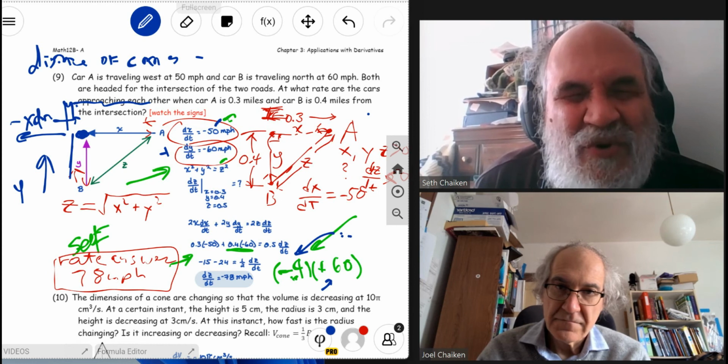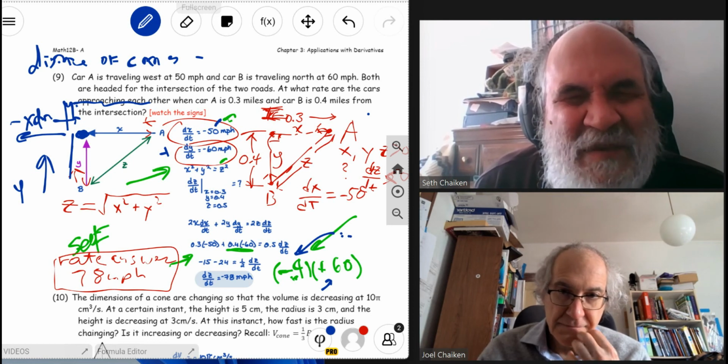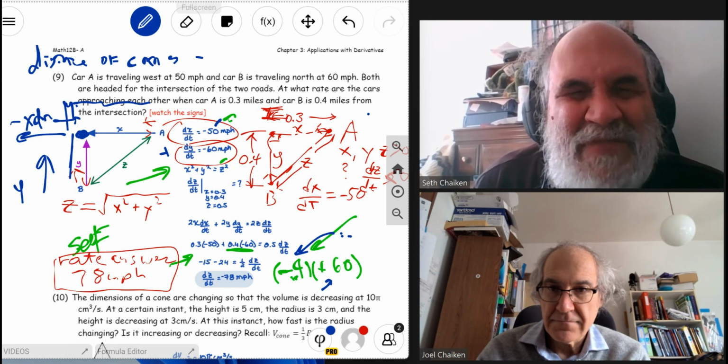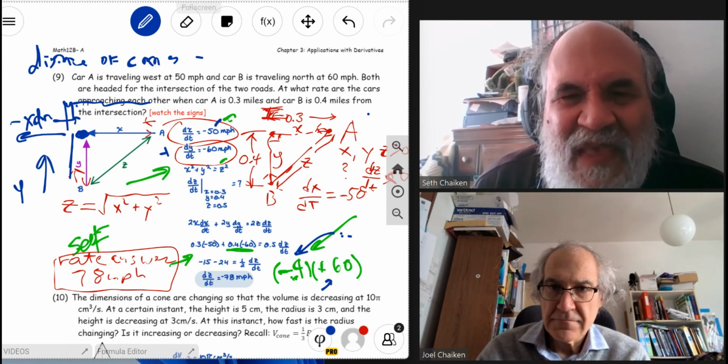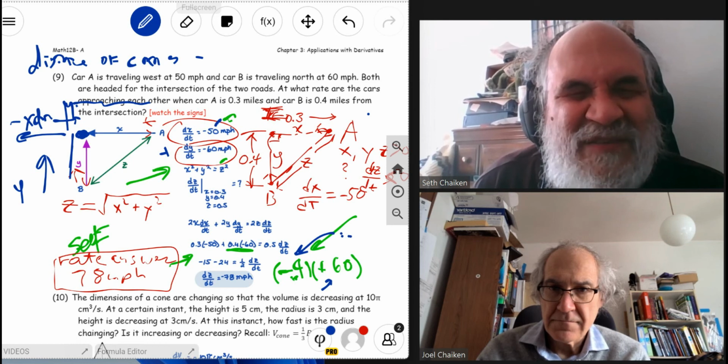The chain rule will express dz dt in terms of dx dt and dy dt. You need to plug in that dx dt and dy dt are negative, and then it will come out with the correct negative derivative for z.